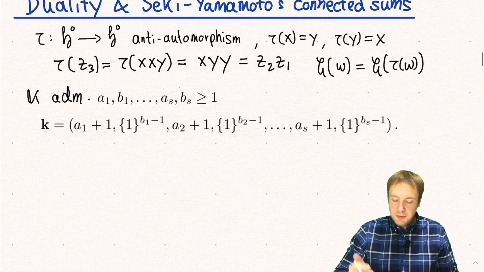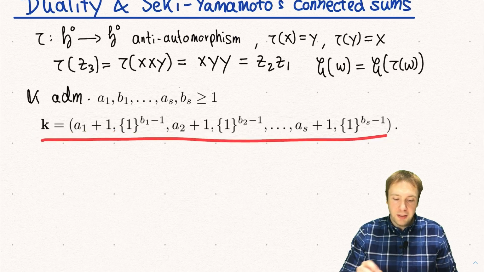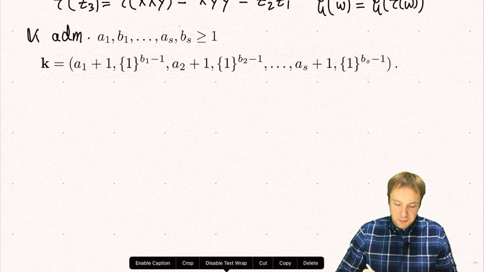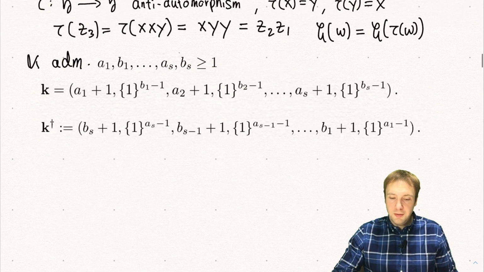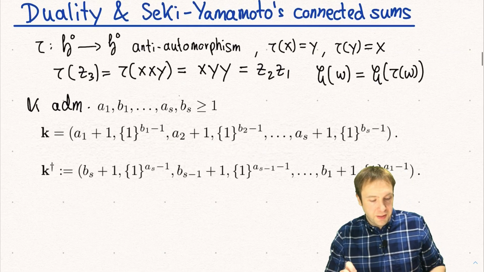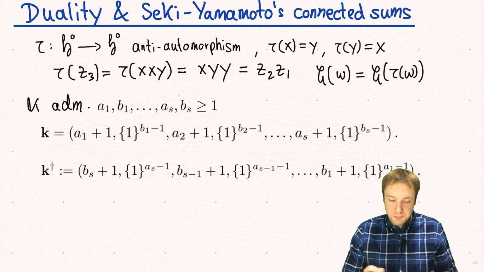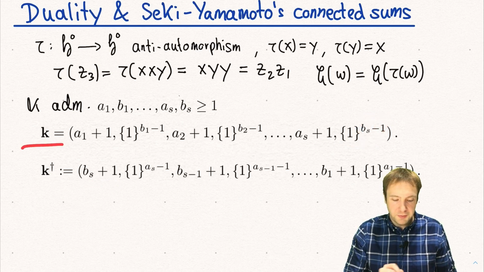Now with this description of this admissible index, so any admissible index can be written like this with some a's and some b's, we now define the dual index, denoted by k dagger. This is also an admissible index, and it starts with bs plus 1. bs was the number of 1s minus 1 at the end of this index k.